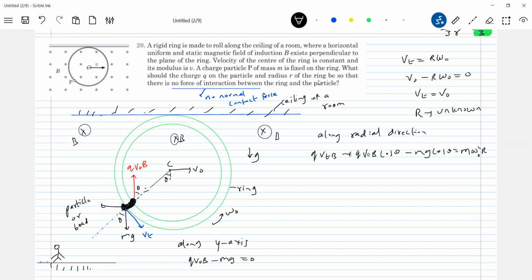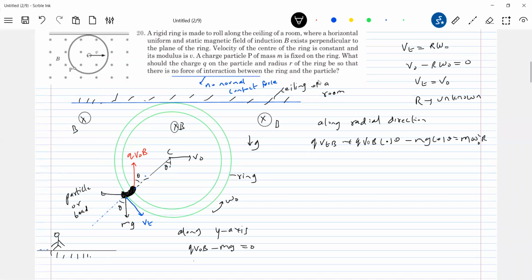So what is the expression for charge? V naught is given, mg is given. So one part of the problem gets over.